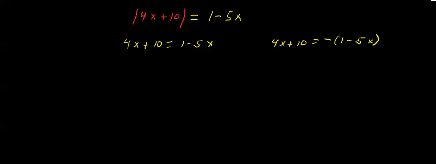I put this in parentheses here, but we can automatically just change this to 4x plus 10 equals -1 plus 5x.